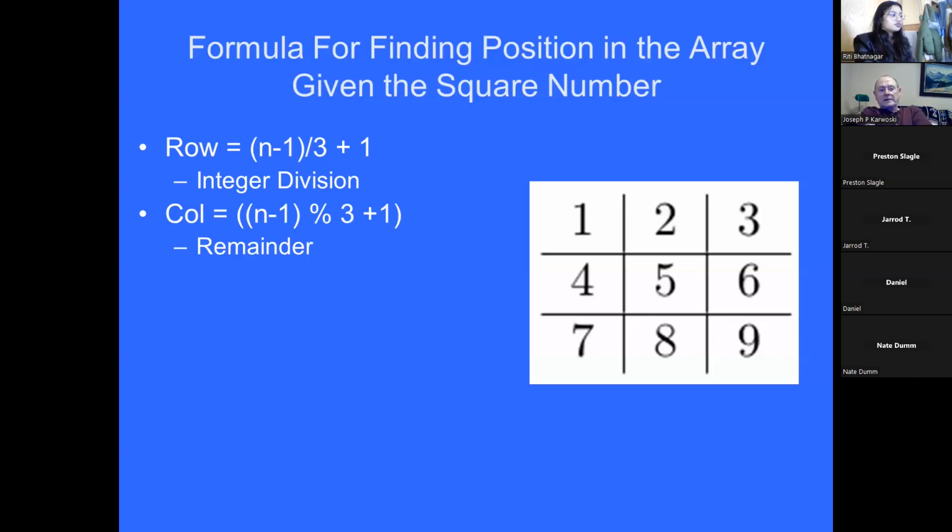We're going to take n minus 1, where n is the number that we're generating. So for example, if we wanted number 4, the column for that is going to be 4 minus 1, which is 3.